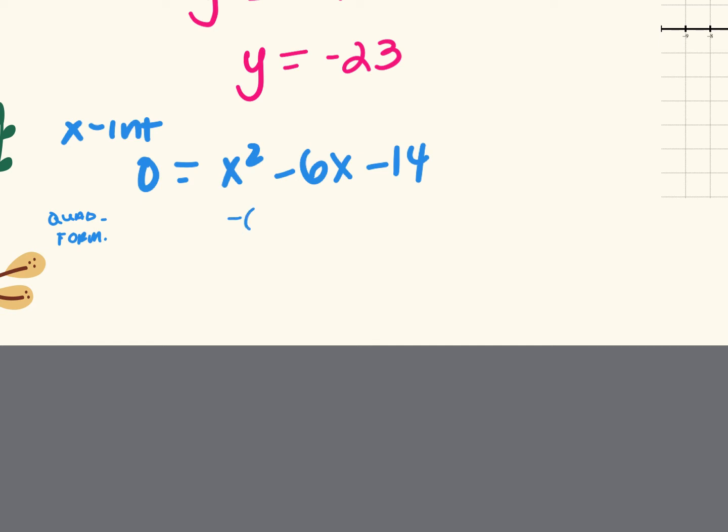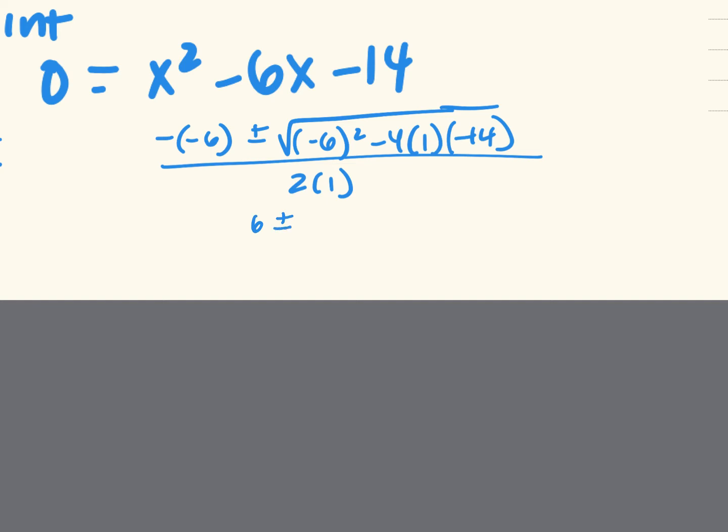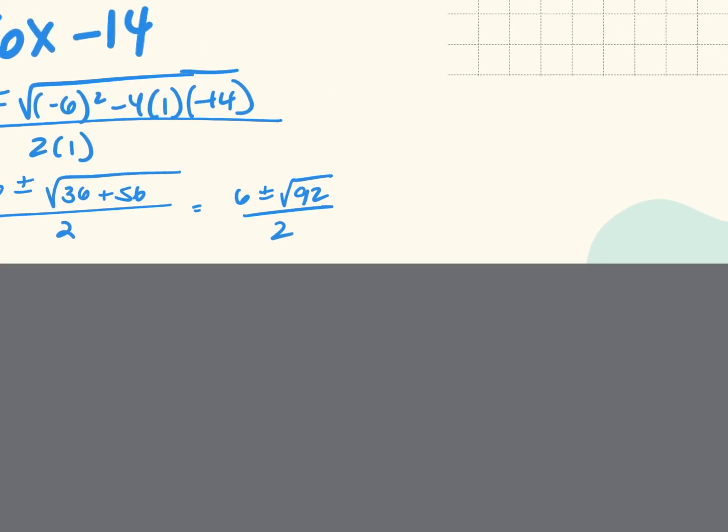So negative b plus and minus the square root of b squared minus 4 times a times c all over 2 times a. 6 plus and minus the square root of 36 plus 56 over 2. 6 plus and minus the square root of 92 over 2. 92 becomes 2 and 46, 2 and 23.